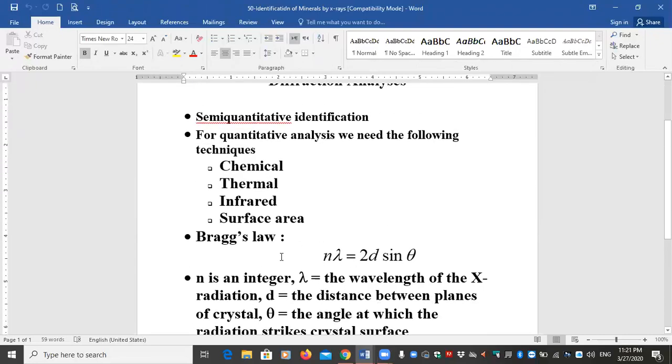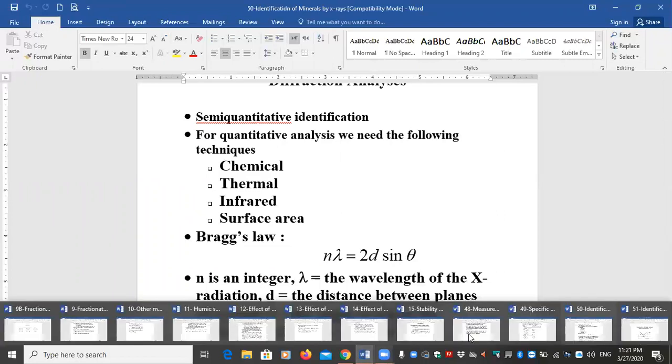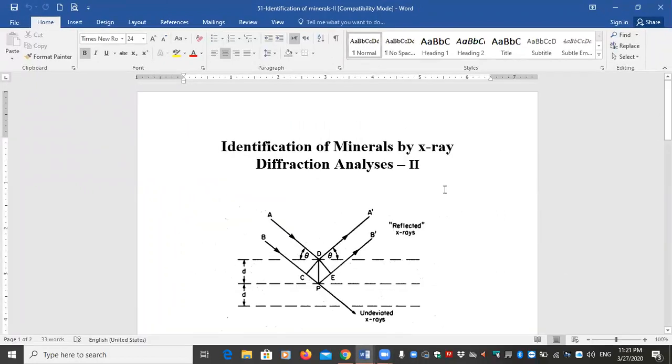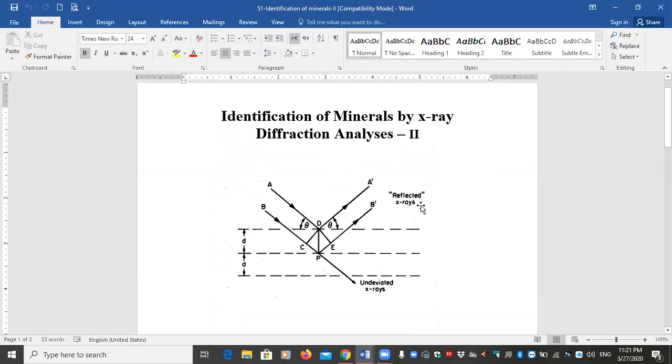We'll see it in a minute. This is a diagram showing you how Bragg's law works. So this is an X-ray, a ray, and it hits the surface and it's reflected.